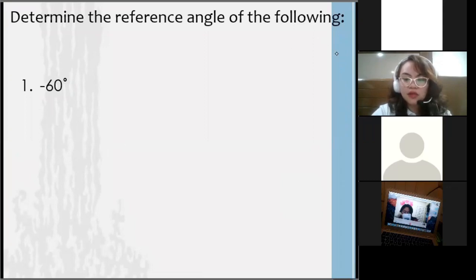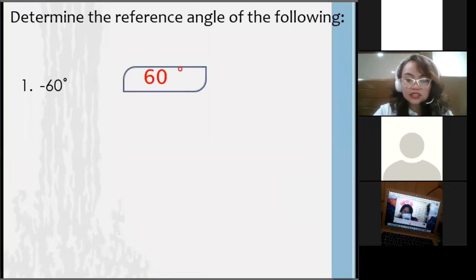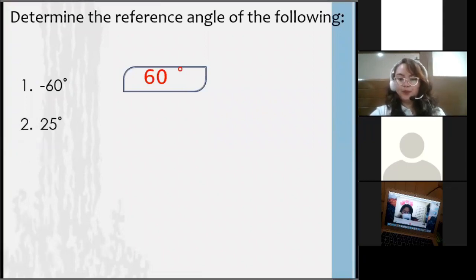And time's up. The correct answer, very good, the reference angle is 60 degrees. Wonderful.